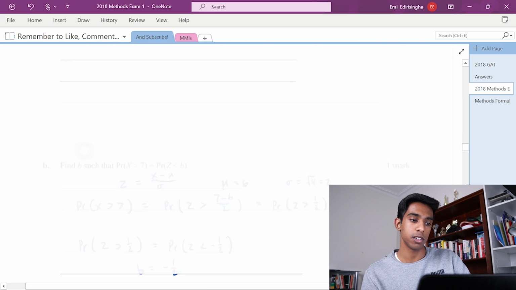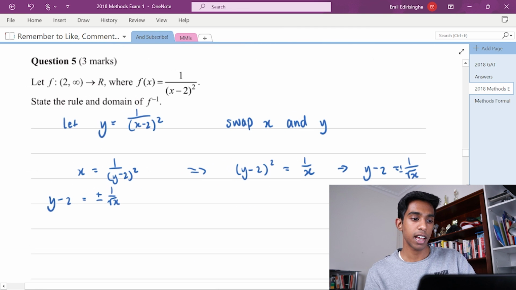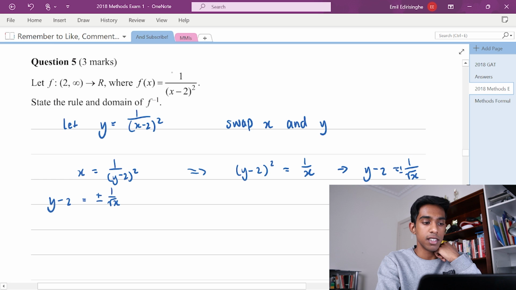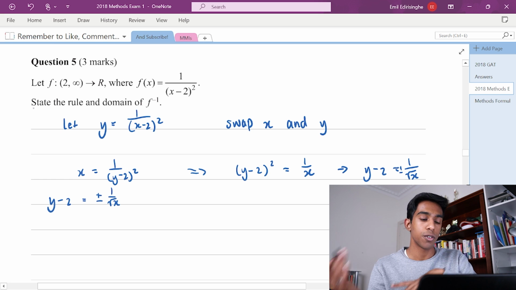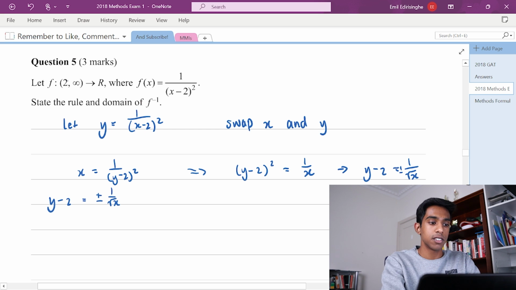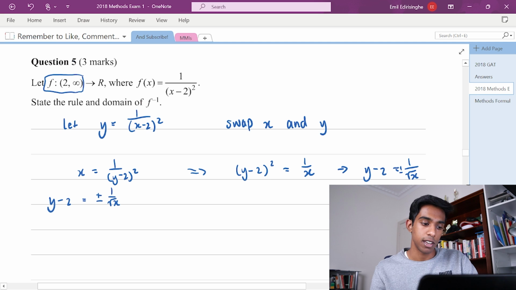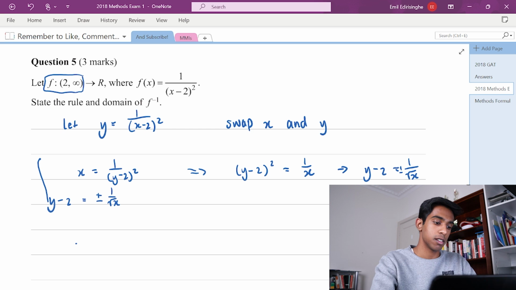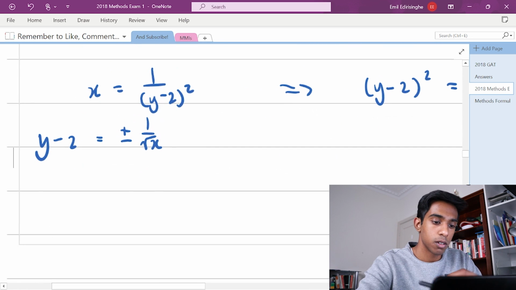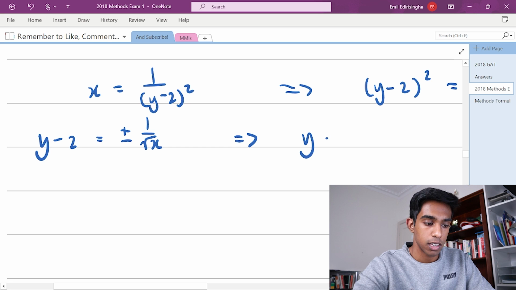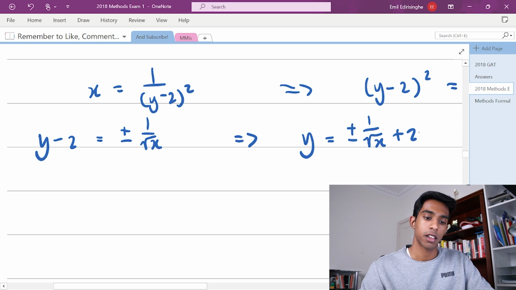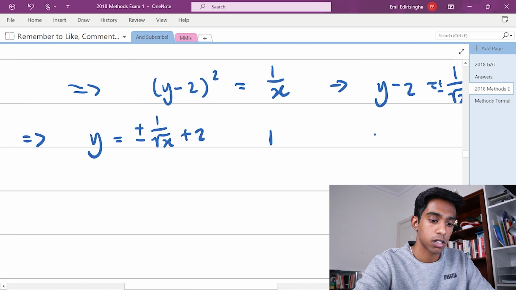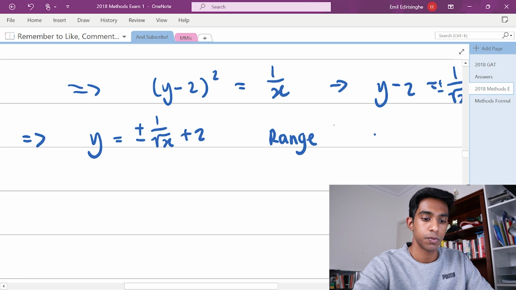So the way I decide whether it's plus or minus is that I have a quick think about what this is. And also we know that the domain of the original function is going to be the range of the inverse. And because the domain of f is 2 to infinity, therefore I know that the range of the inverse function, which is going to be y equals plus or minus 1 on root x plus 2, has to be 2 to infinity.